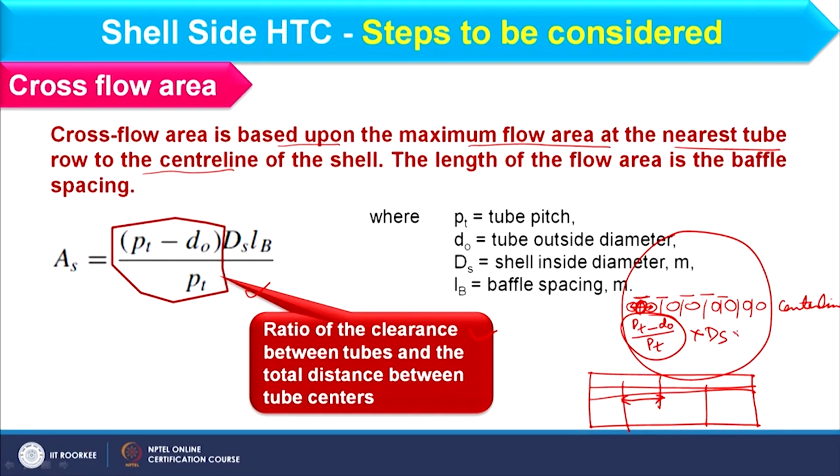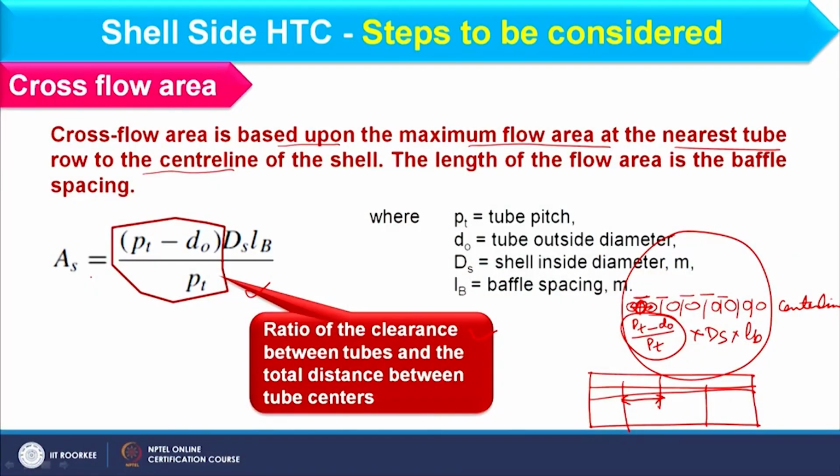So, this into Lb will give the flow area at the central line. So, As is the gap between tubes into the baffle spacing. It gives basically a rectangle type of section at the center line of the shell.